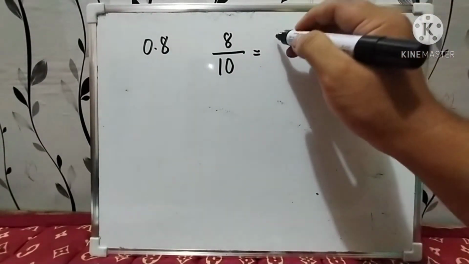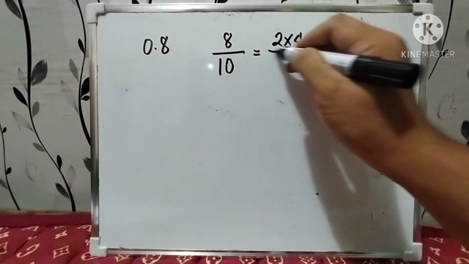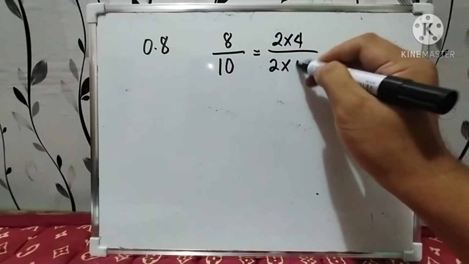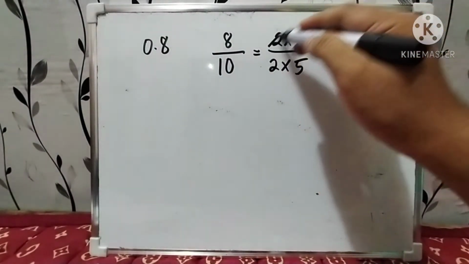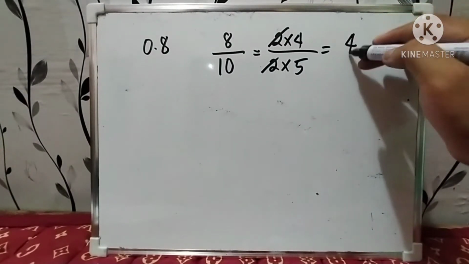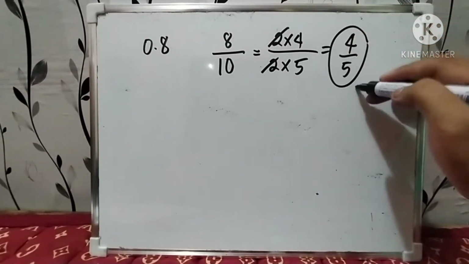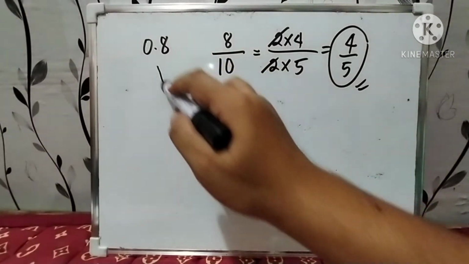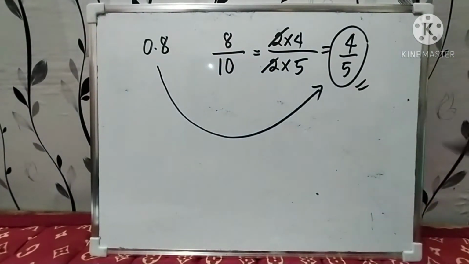Di ba ang 8 ay 2 times 4, ang 10 ay 2 times 5. So, makakancel natin yung 2, the lowest term ha. So, ang sagot is 4 over 5. So, therefore, kapag kinonvert daw pala natin ang decimal number na 0.8, it is equivalent to 4 over 5.